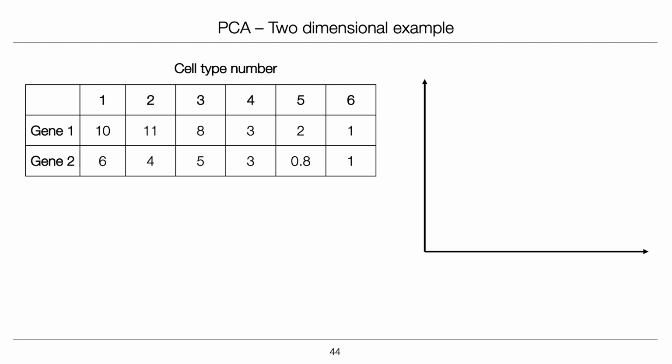There are 6 cell types for which we have measured the expressions of 2 genes, hence 6 data points on 2 dimensions. We first plot the data as 6 colored circles.